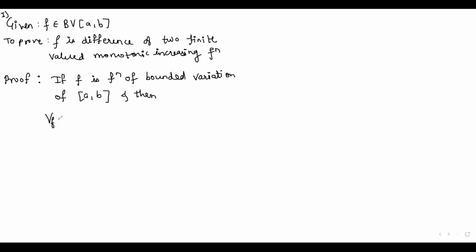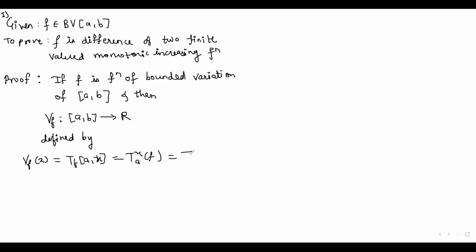this variation of f is a function from this closed interval AB to the set of real numbers, and this function is defined by the variation of function f over x, which is equals to the total variation of f over the interval ax, which is equals to the total variation from a to x of the function f, which is equals to the total variation over the closed interval ax of the function f.